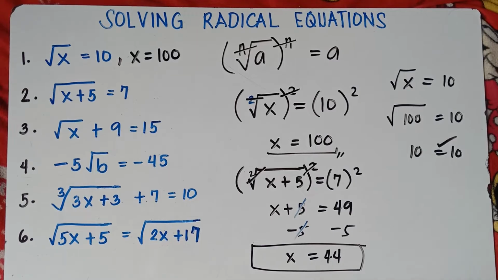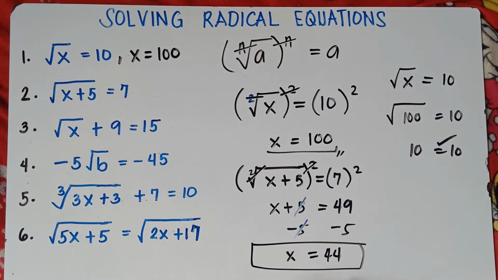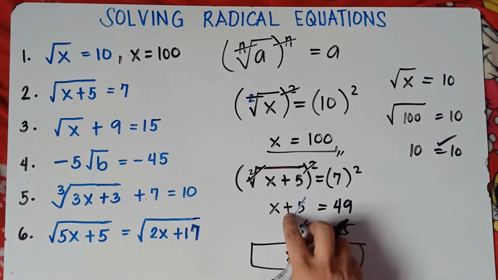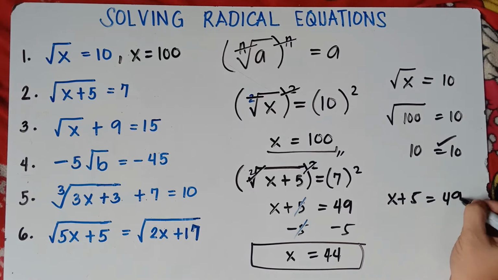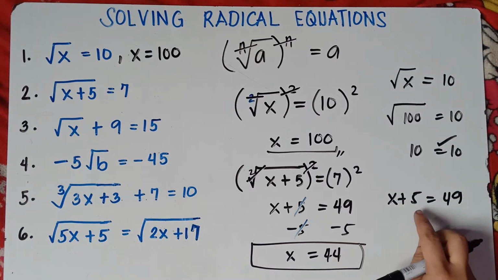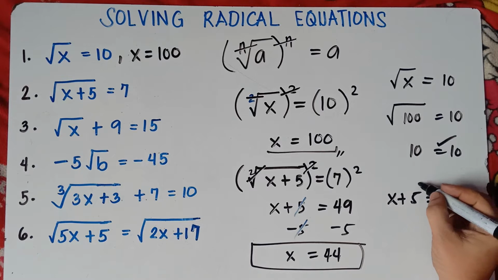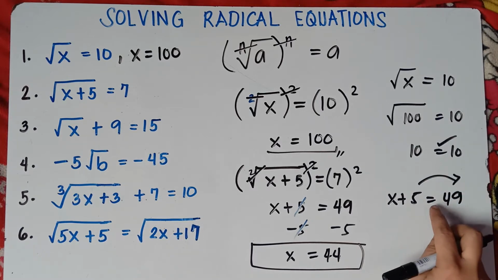Many of the students, class, are confused with this solution, so for the second solution, you can do it this way. x plus 5 equals 49. You can simply transpose 5 from left to right. Once you transfer a term across the equal sign, you always change the sign.